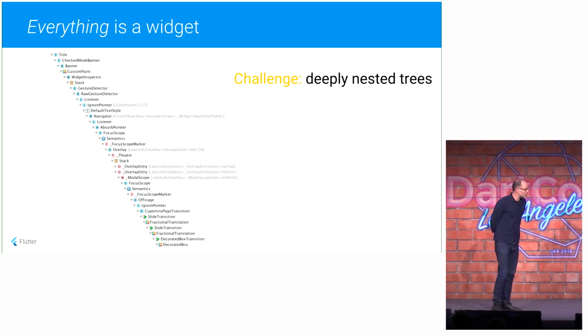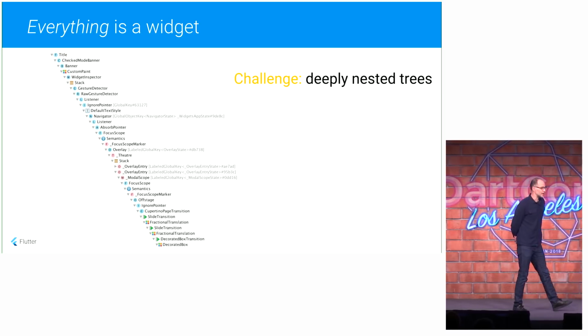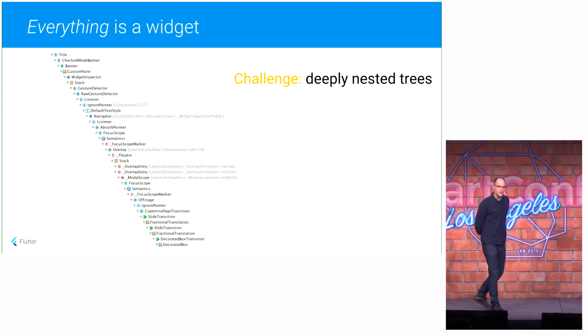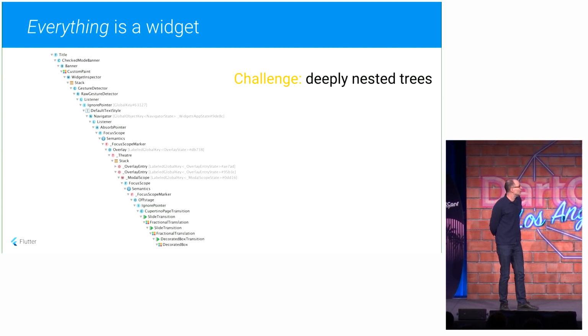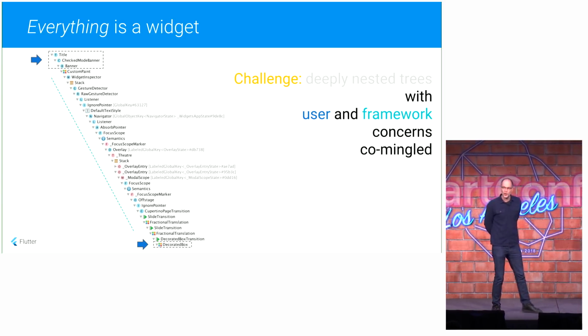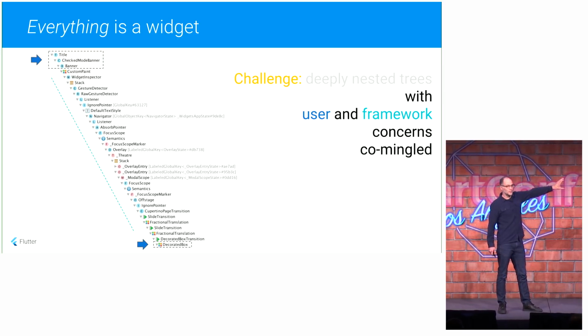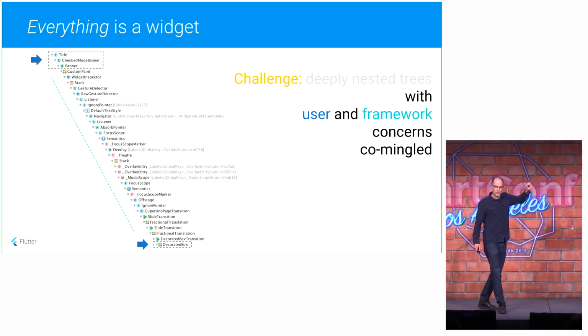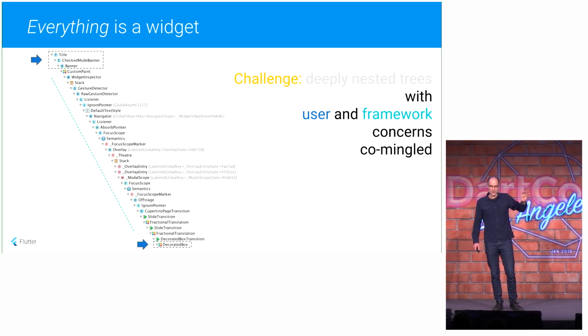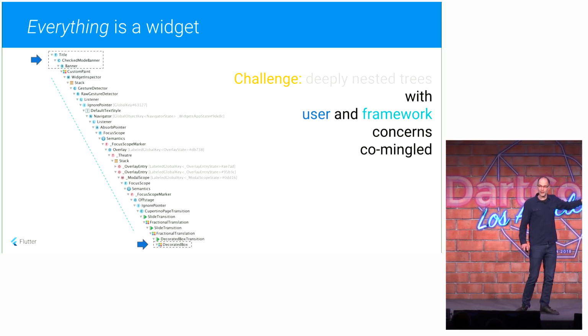In particular, one of the challenges that's fundamental to understanding Flutter UIs is how deeply nested these trees can become. Moreover, the trees are not only nested, they tend to commingle concerns. You'll notice at the very top and at the very bottom of this tree snippet, those are the widgets that you as a user have an invested interest in by defining them in your build method, but everything else is coming along for the ride from the framework.